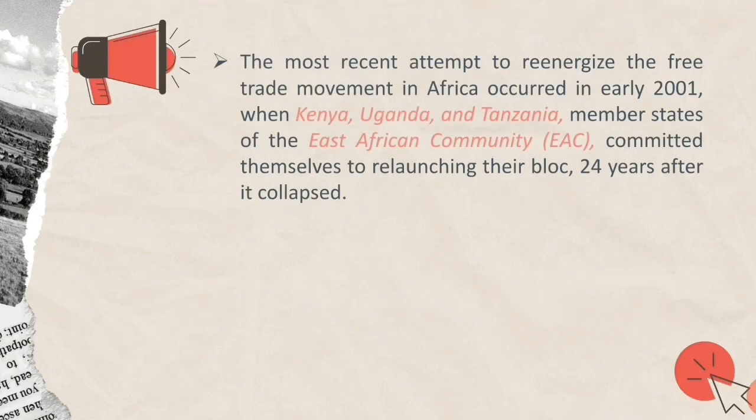The most recent attempt to re-energize the free trade movement in Africa occurred in early 2001, when Kenya, Uganda, and Tanzania, member states of the East African Community, committed themselves to relaunching their bloc 24 years after it collapsed.